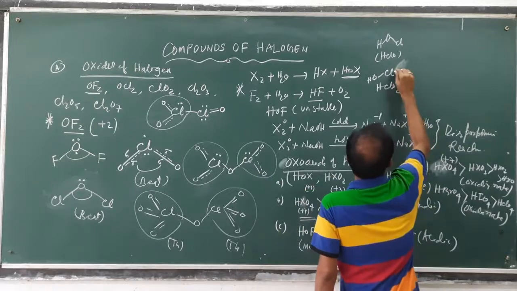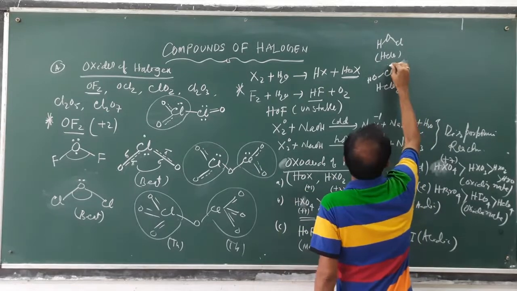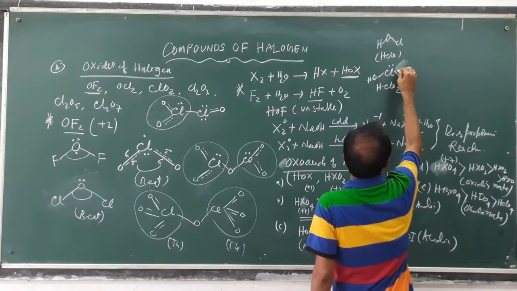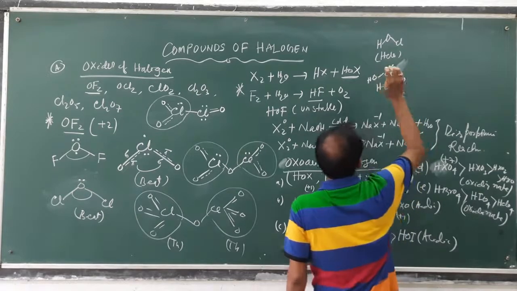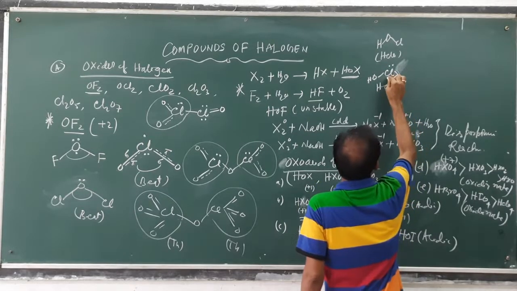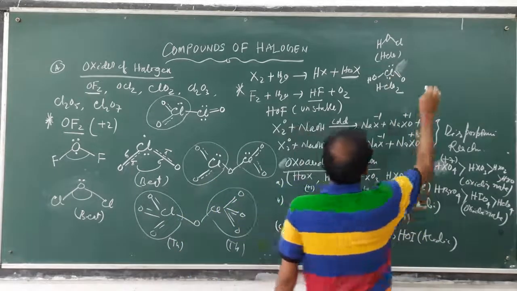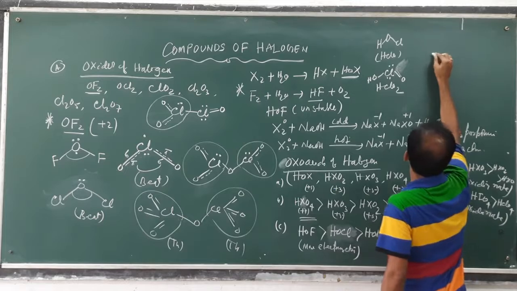You can also write the structure having a double bond, with 2 lone pairs. Okay. Then HClO3 will be, having 1 lone pair.